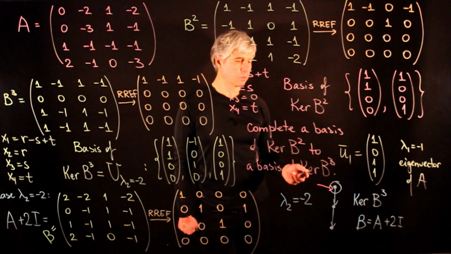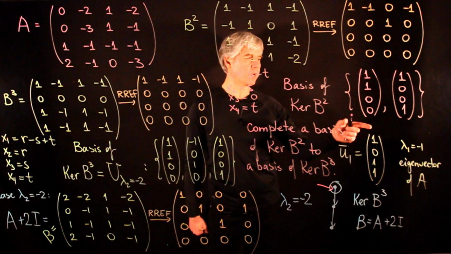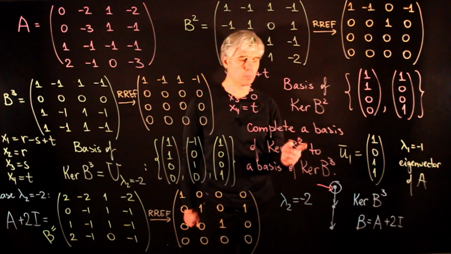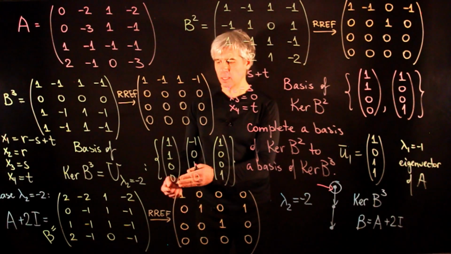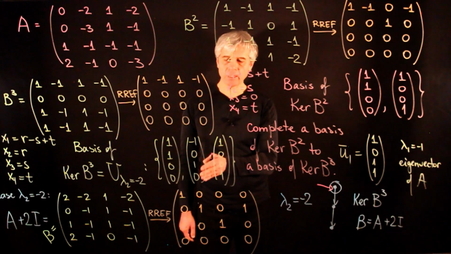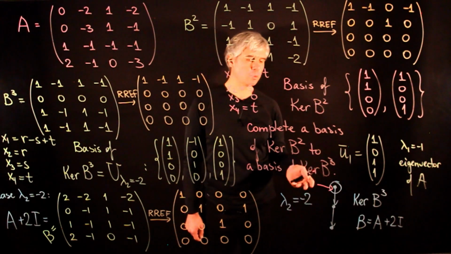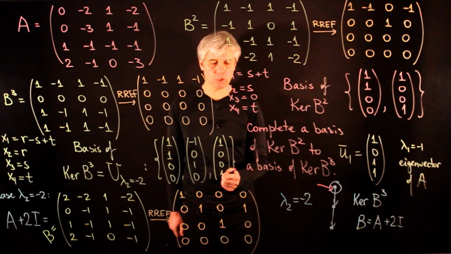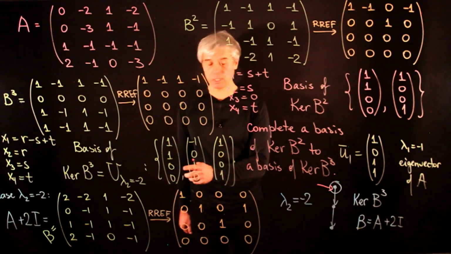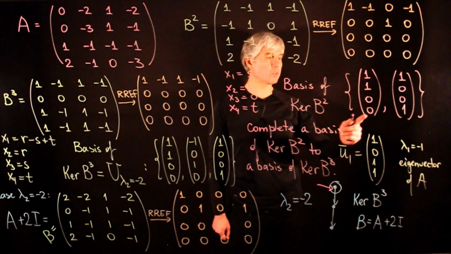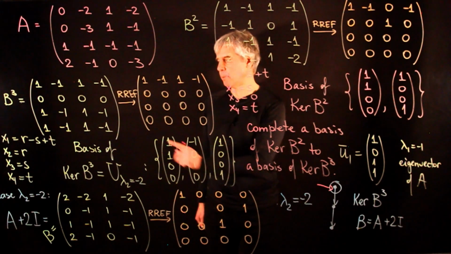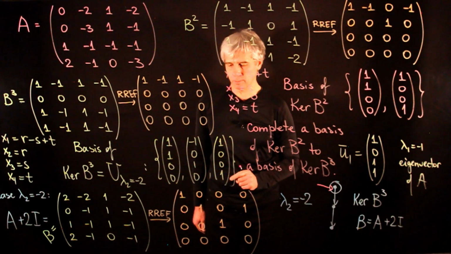In general, to do this, we would have to form a matrix where we first place basis vectors of the kernel of B squared, and then extend it by placing the vectors from the kernel of B cubed. And then we do row reduction. In this particular situation, we've got lucky because the vectors from the basis of the kernel of B squared happen to be present in the basis of the kernel of B cubed.